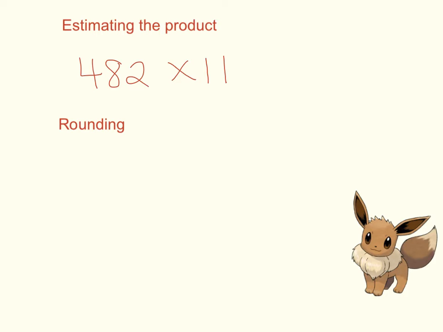So for this one, we have 482 times 11. I would want to round 482 to the nearest hundred, which would be 500, and I'm going to round 11 to the nearest 10, because this is math that we can do in our head.